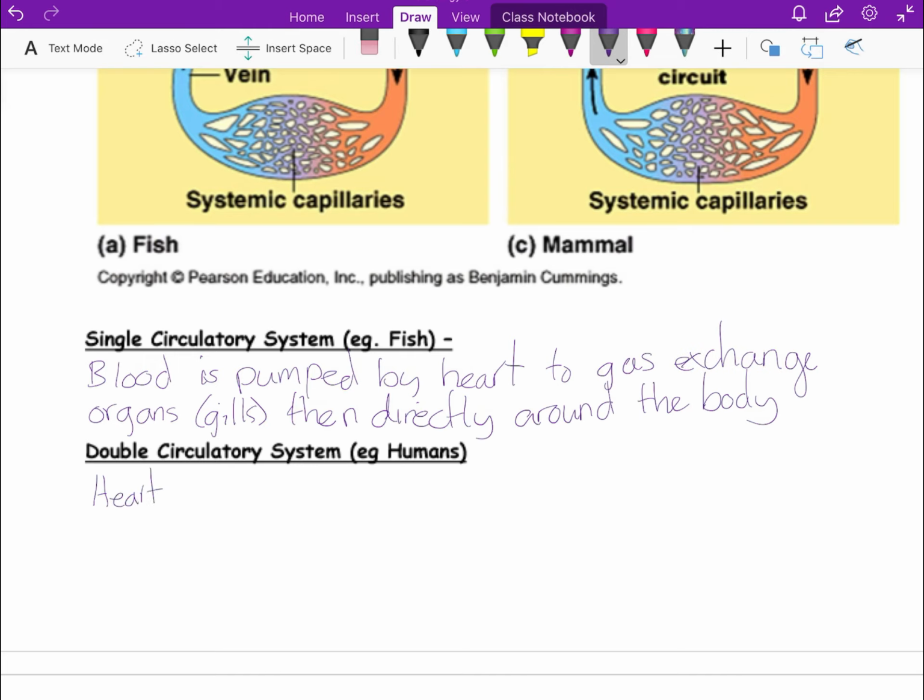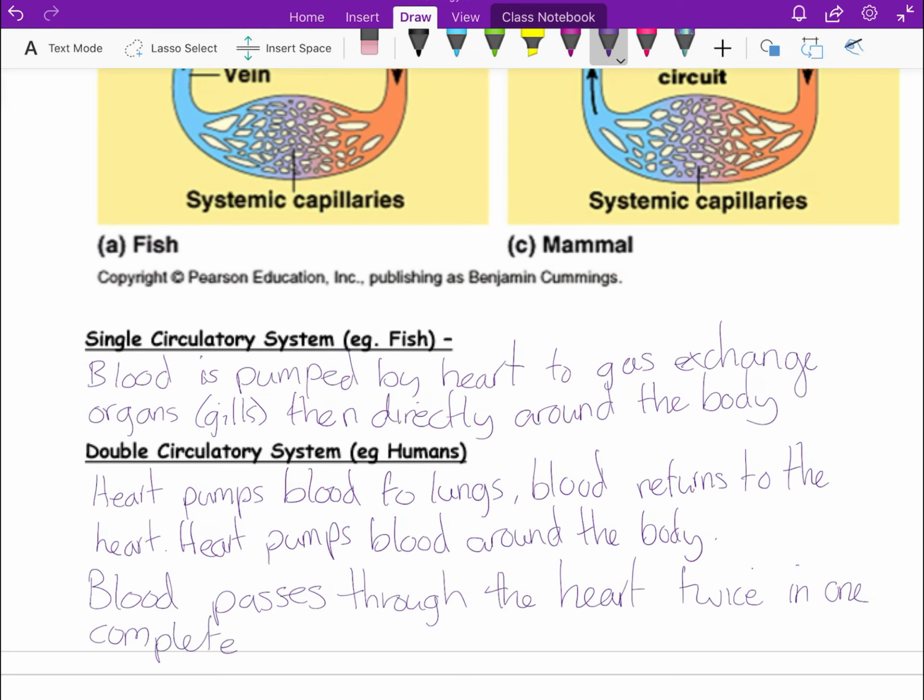That's in total contrast to the double circulatory system of humans, where the heart pumps blood first from the heart to the lungs, so that the blood can be oxygenated. That blood then returns from the lungs back to the heart to be pumped a second time from the heart around the body. What this means is that blood passes through the heart twice in each complete cycle.